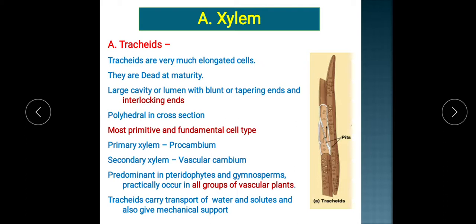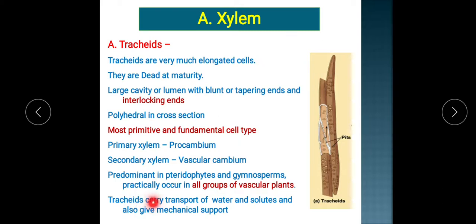The tracheids in the primary xylem originate from the procambium, while in secondary xylem, tracheids originate from the vascular cambium. These tracheids are predominant in lower plants such as the pteridophytes and gymnosperms, but practically they occur in all groups of vascular plants including angiosperms.